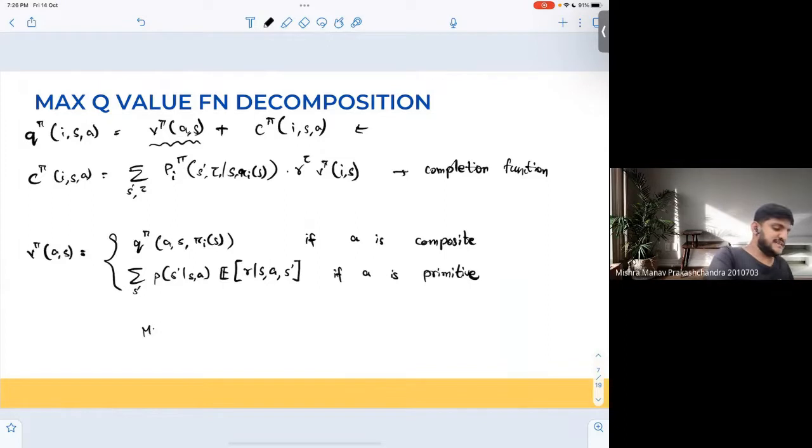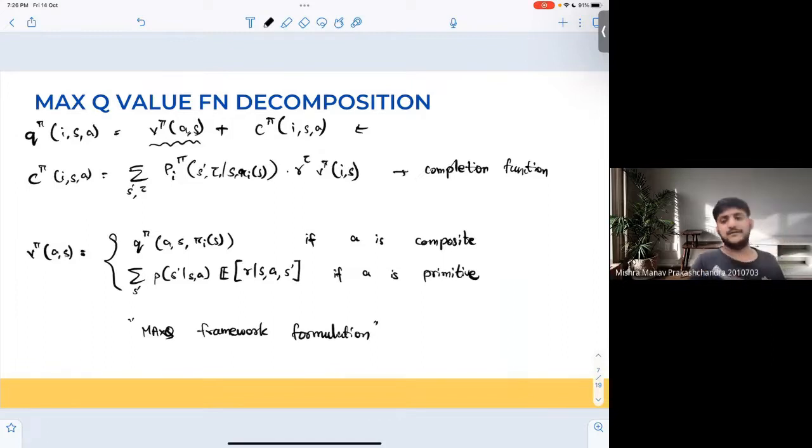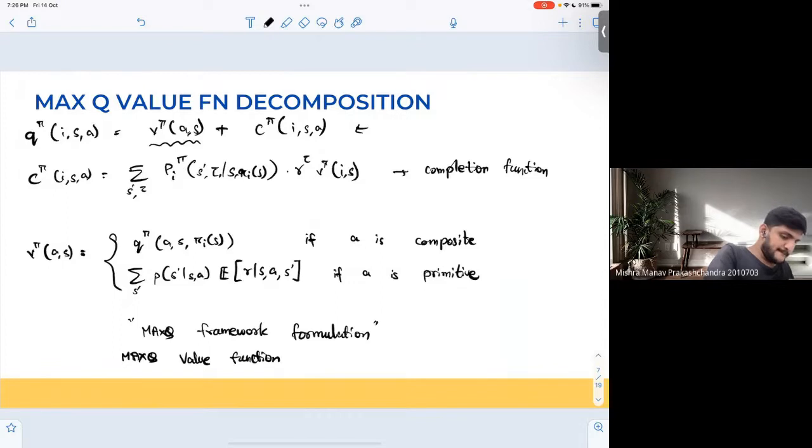So this is my max Q framework formulation that I have here. Or we can also call it the max Q value function decomposition method. Right.